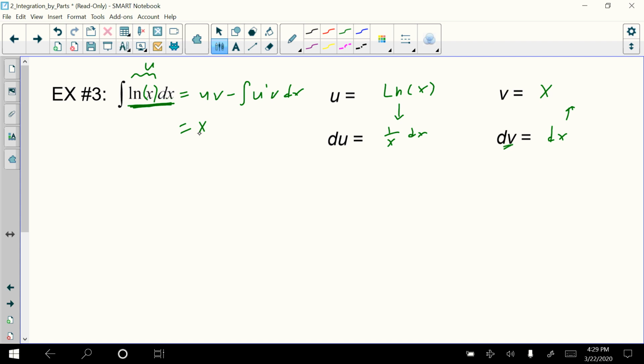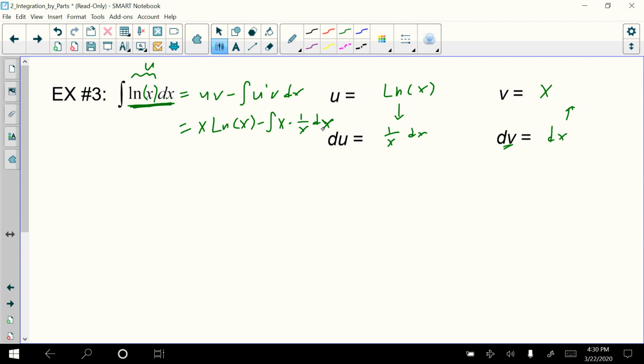I think putting x in front will be the easiest way of seeing it. x times the natural log of x minus the integral of u prime times v. That will be 1 over x times x, which is x times 1 over x dx. There we go.